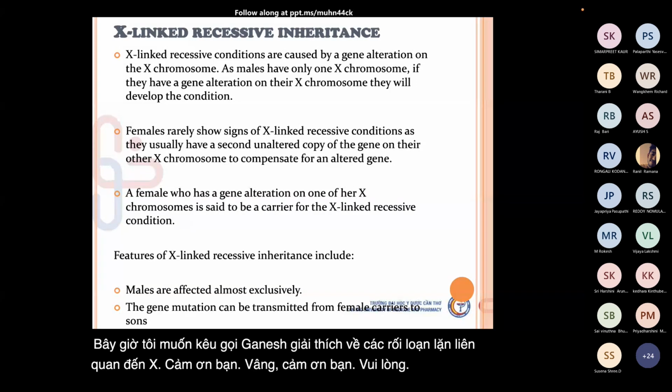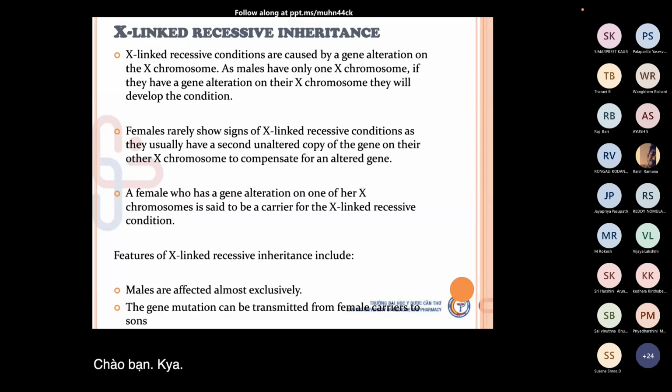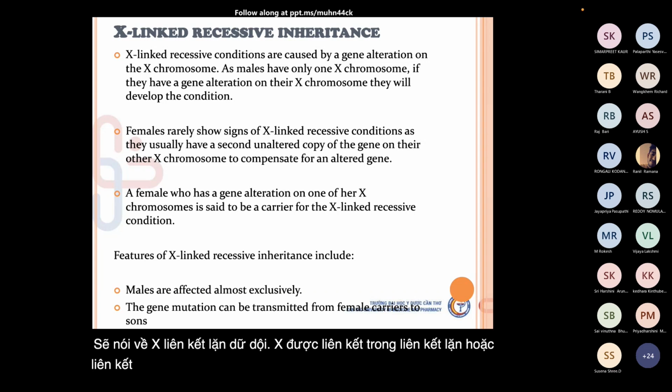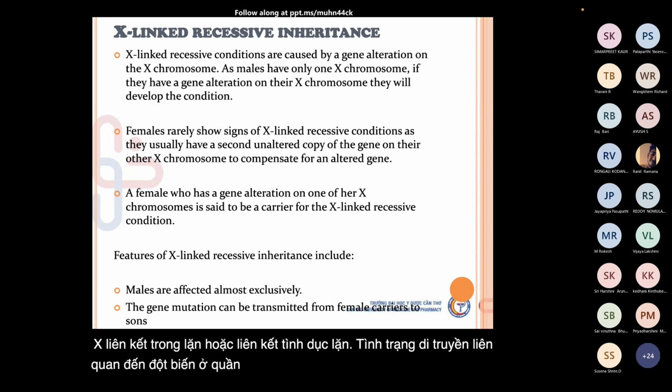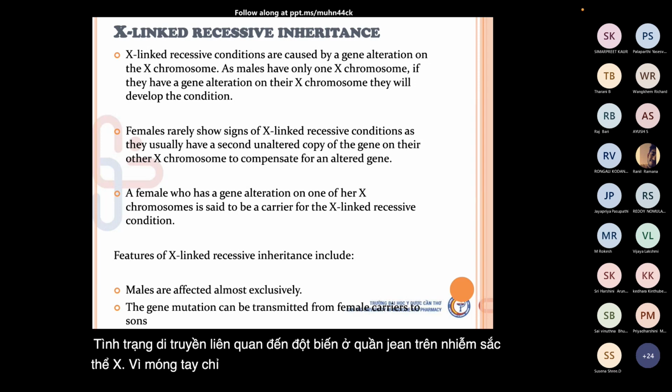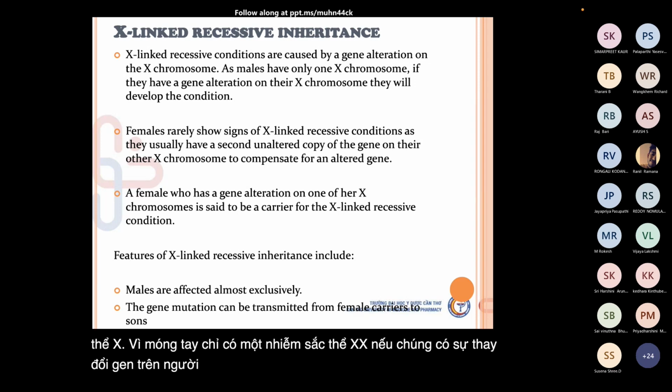Now I'm going to tell about X-linked recessive inheritance. X-linked recessive or sex-linked recessive is a genetic condition associated with mutation in genes on the X chromosome. As males have only one X chromosome, if they have a gene alteration on their X chromosome, they will develop the condition.